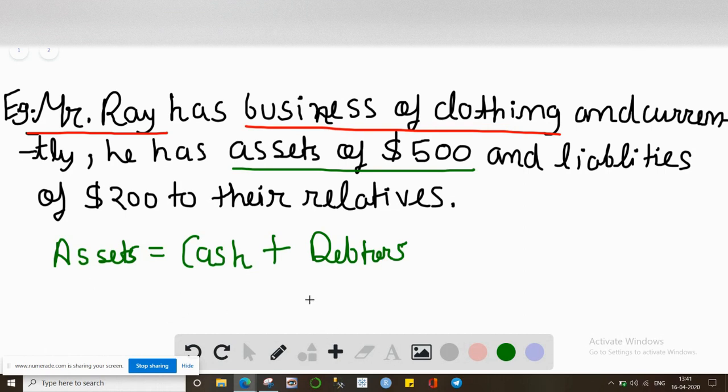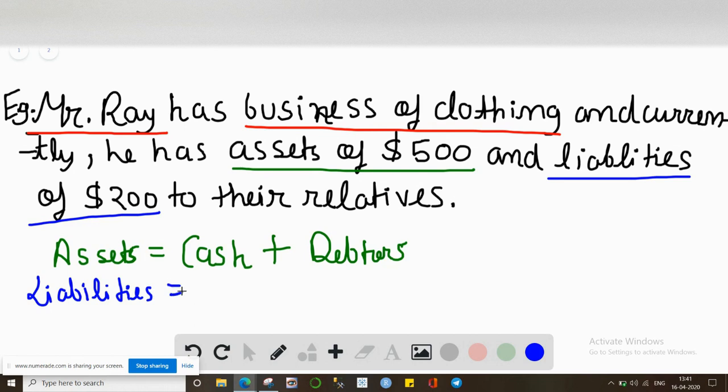Now, what are the liabilities? Liabilities are those amounts which we have to pay to other persons.